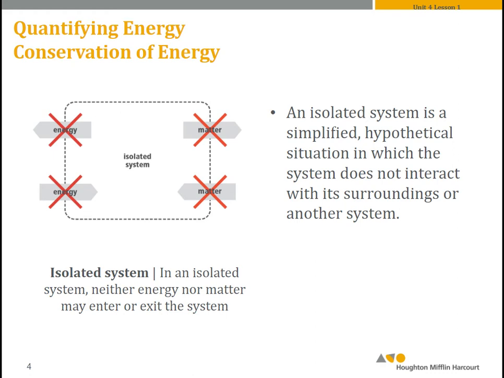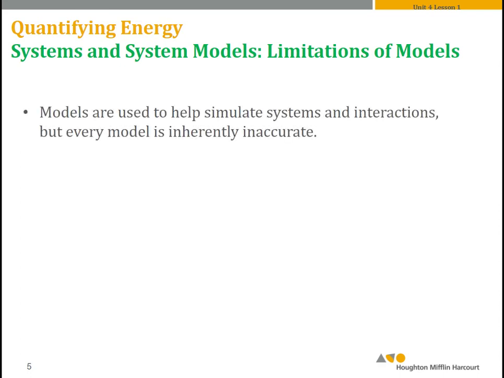Now, an isolated system is a form of what we call a model. A scientific model is something that's used to help simulate systems and interactions. I usually say it is used to explain a phenomenon or make predictions about that phenomenon.